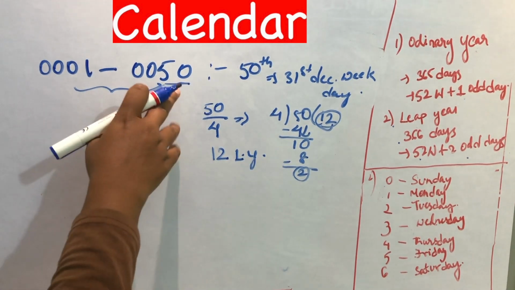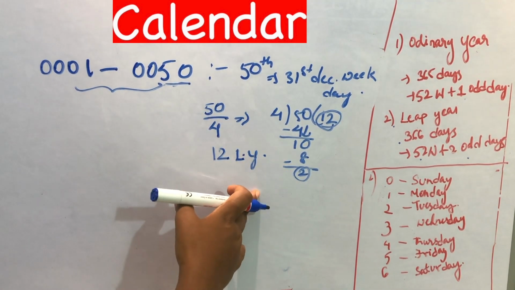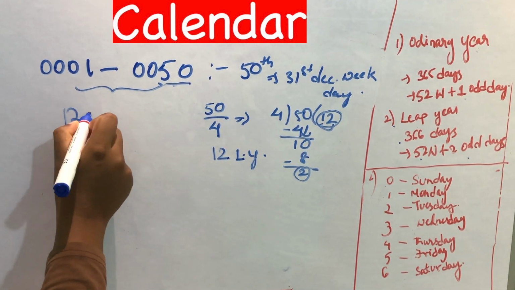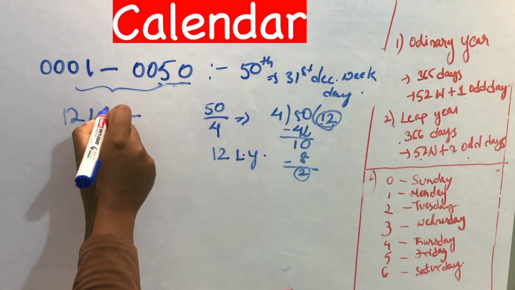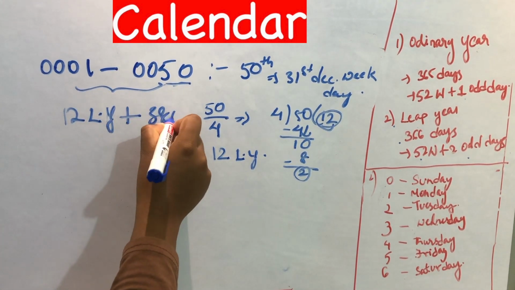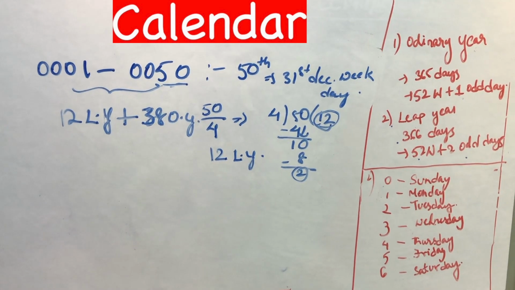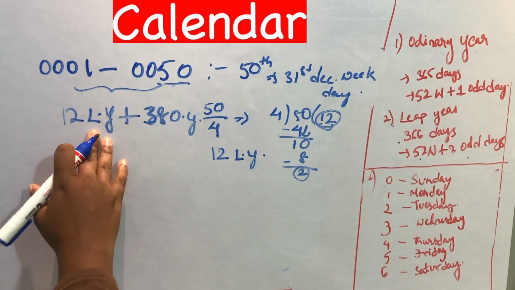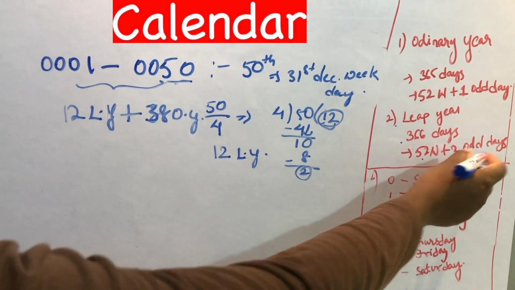Now out of 50 years, if 12 are leap years, then the remaining are ordinary years, right? So if you have 12 leap years, then you have 38 ordinary years. Now if your year is a leap year, then you have 2 odd days, right?